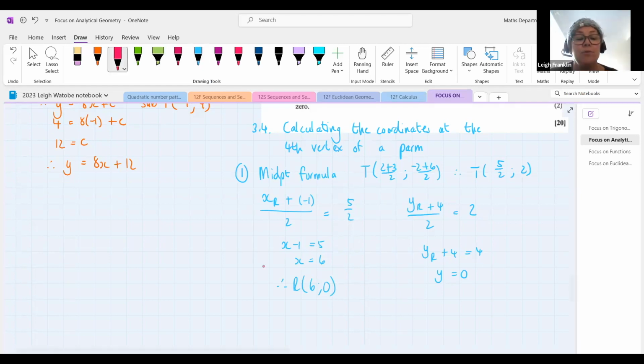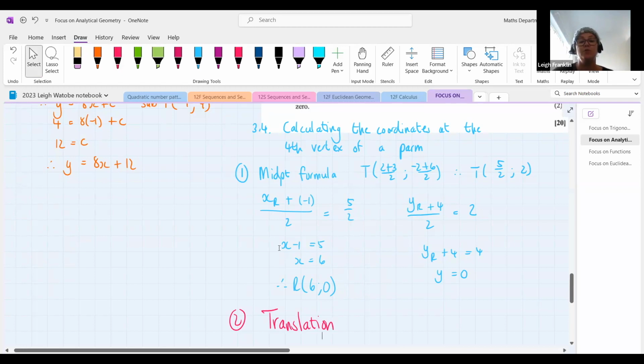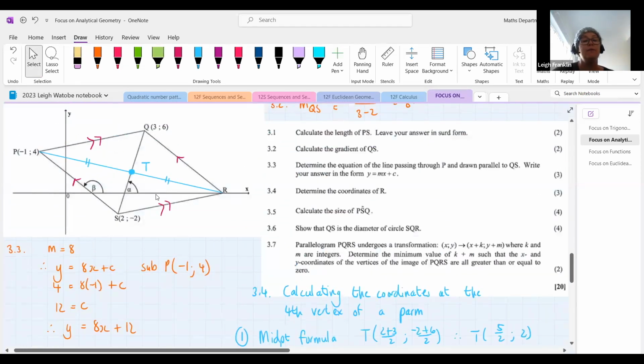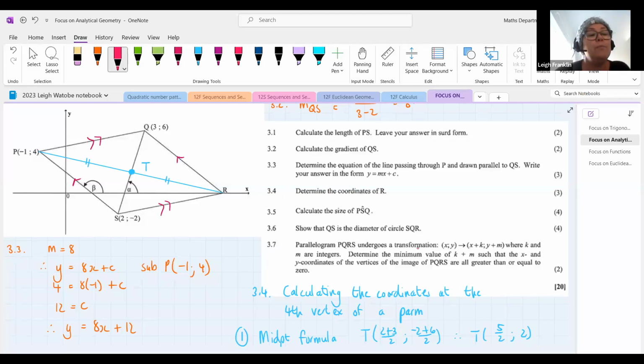The other method, which is what Kutwano was talking about, was to use translation. Okay, so translation would work as follows. I could do 2 different types of translations from here. I could either go from P to Q, S to R, or I could go from P to S, Q to R. It doesn't matter.